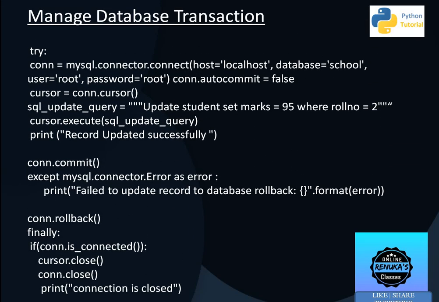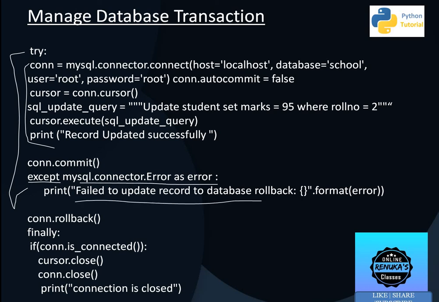And this is a program: if we want to create a program and the connectivity is not done and we have to show the error, then we can make use of try and except. If all the statements in the try section work, then it is okay. If there is some problem in the try section, then the control will come to the except case, and here the error will be generated and printed with the help of this command, whatever the error is.